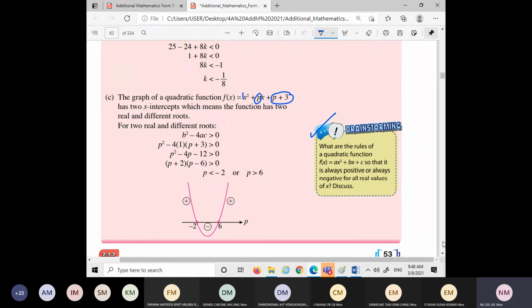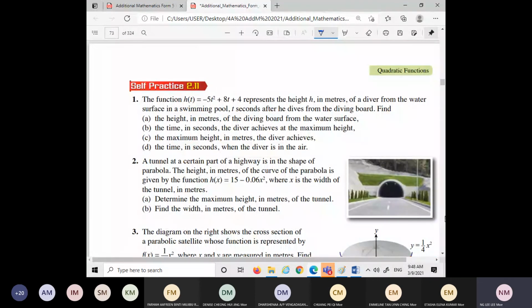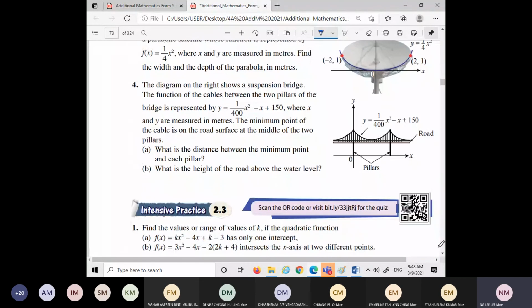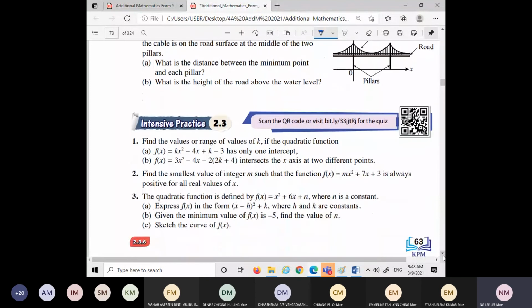Okay, I have one question for you to do. Look at page 63. Look at these questions. You can copy this question as an example.